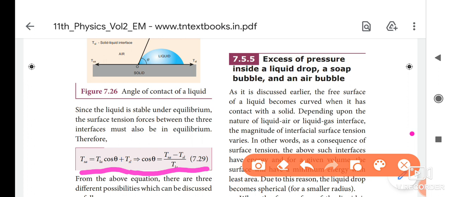Here we only want cos theta because we want to find the value of theta. So cos theta equals, taking TSL to this side: it is positive, but when it moves after the equal sign it changes into negative.